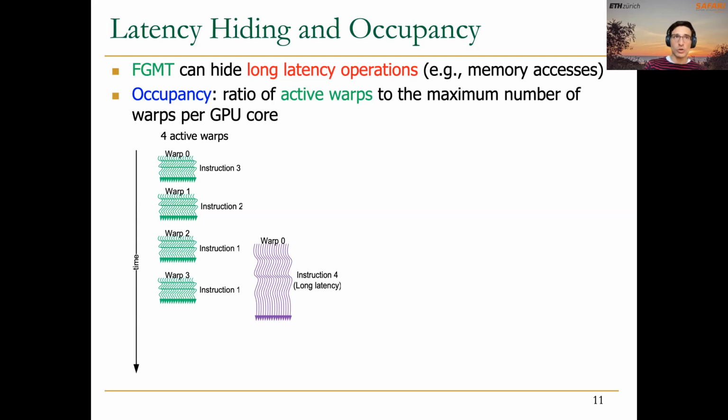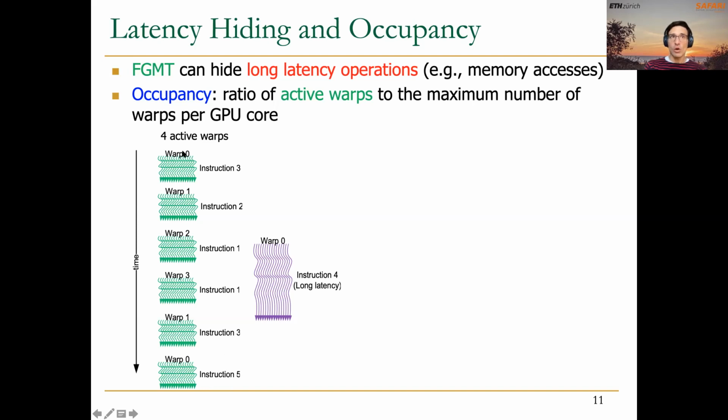For example, instruction 1 for warp 2, instruction 1 for warp 3, and so on, or instruction 3 for warp 1. Sometime later, the long latency operation will have finished, and then warp 0 can continue the execution, in this case with the next instruction, that is instruction 5.